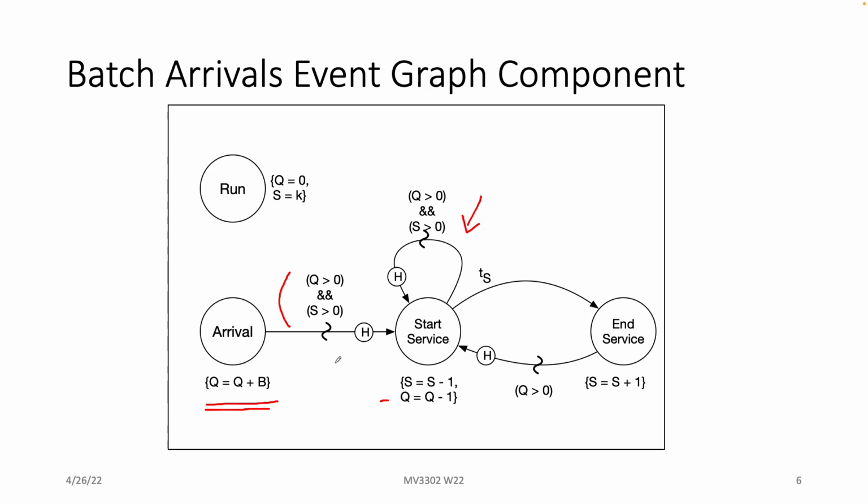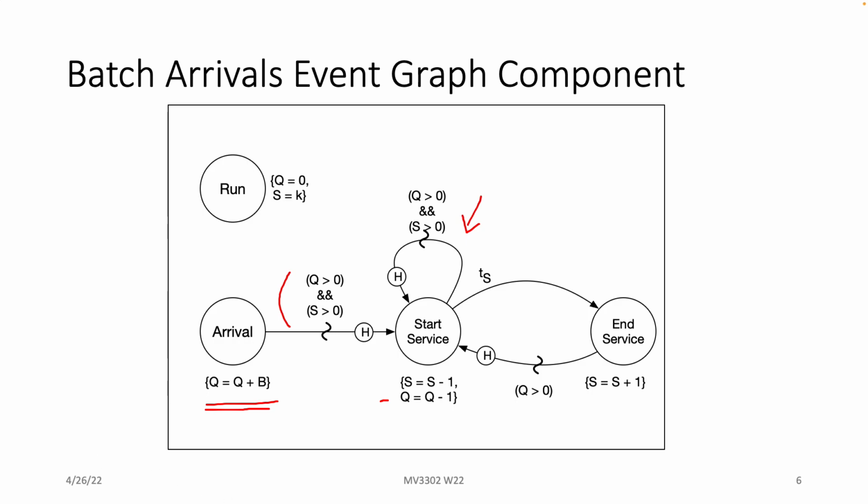So if we get a batch of 3, then we need to keep scheduling a start service even after the first one as long as we have a server available and somebody in the queue. In other words, we keep doing a start service until we run out of customers or we run out of servers. So this piece was kind of the little key here.